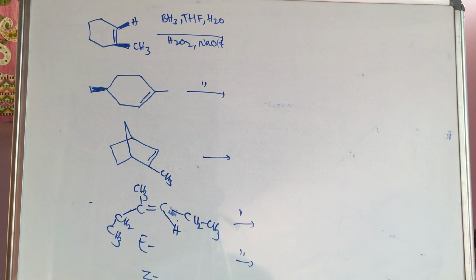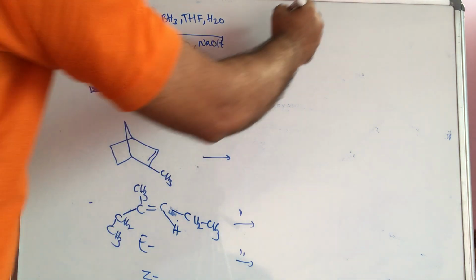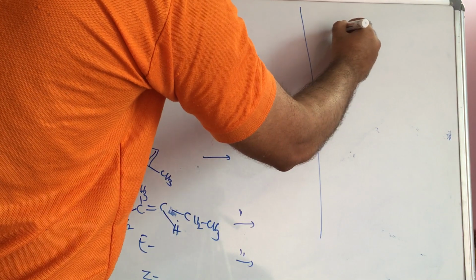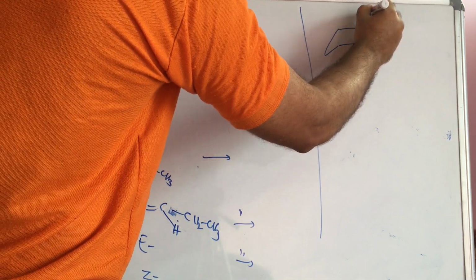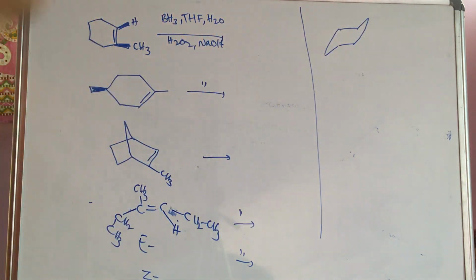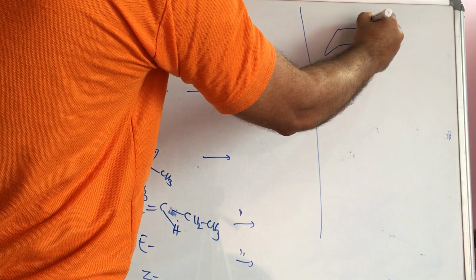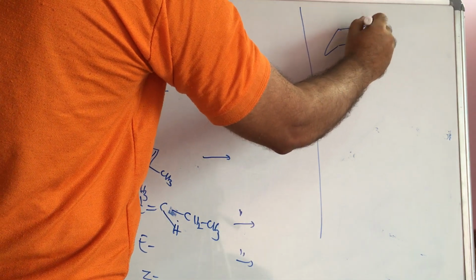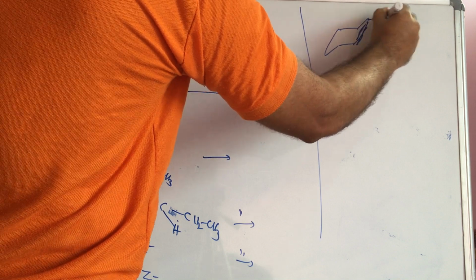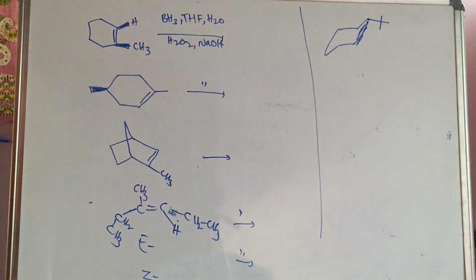Okay. Then I will discuss one more example here. Double bond at this position, like this.